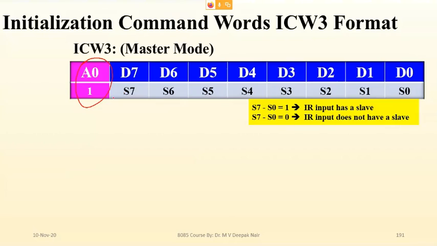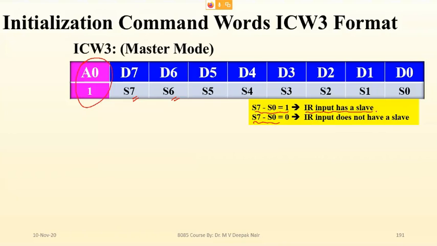In master mode, all the bits from D0 to D7 directly tell you which of the lines are connected to slaves. If a particular bit is 1, that means we are using that IR line for a slave. If there are zeros in those bits, they do not have any slaves, they are vacant.